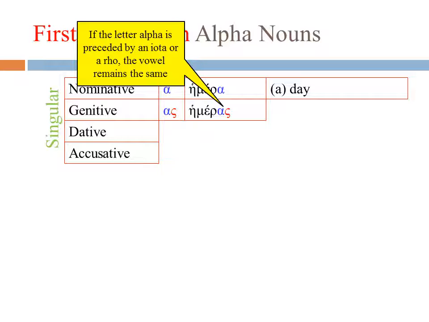Don't worry so much about it right now, but it'll explain what happens with adjectives later. This is of, from, a day. These are the prepositions related to it. But the genitive is also the noun of possession. So this could also be a day's journey.